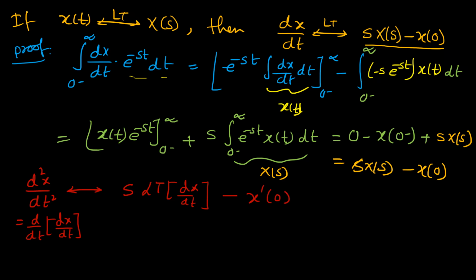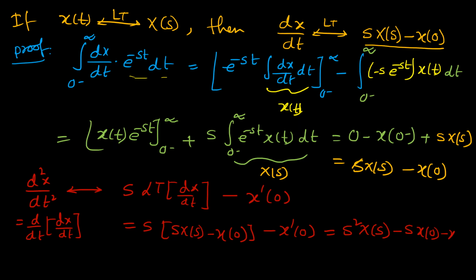Now we can simplify it further. This one is s, and the Laplace transform of this one again is s X of s minus x of 0, minus x prime of 0, right? So this will give you s square X of s minus s x of 0 minus x prime 0.